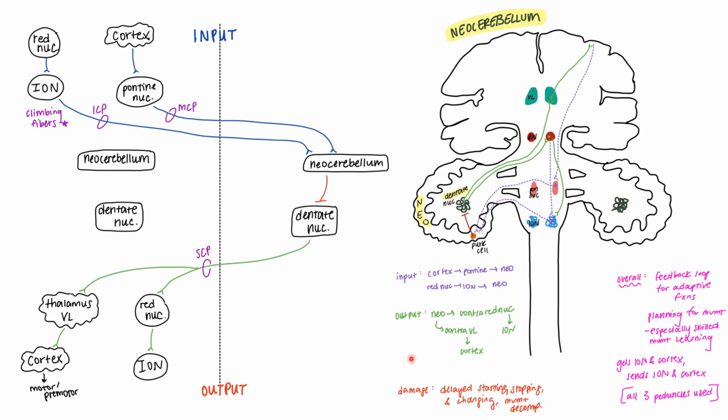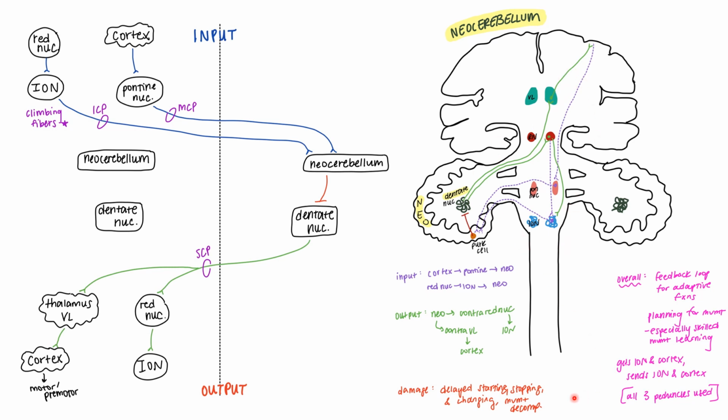So it's going to essentially make a feedback loop, right? We get information from the cortex and the inferior olivary nucleus, which is showing us how our motor stuff is doing down below the spinal cord, and our cortex is giving us ideas for what it wants to do. We're going to send it to the dentate nucleus, and then the dentate nucleus is going to send information back out to the cortex and the inferior olivary nucleus in this big circle, just this huge output circle that's going to be modulating your movement.